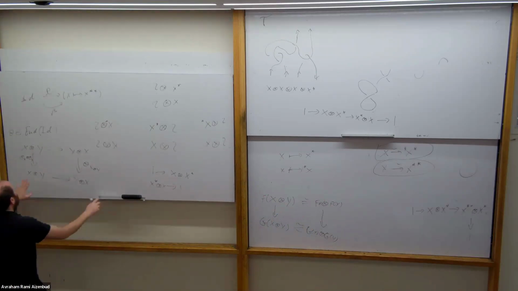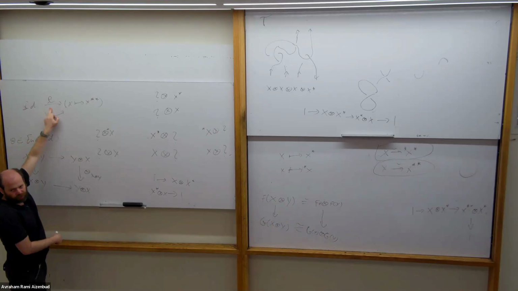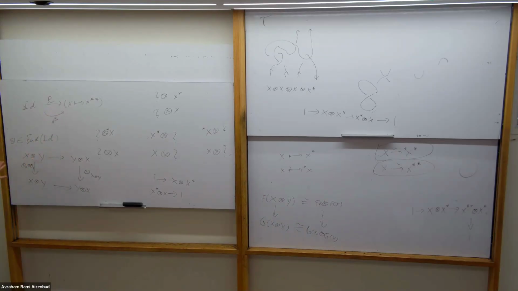But I want to make you familiar with the terminology, because I was very confused with terminology when I was Googling it. So now I want you to know the word. You have a pivotal structure, so this is an isomorphism. And if you have such structure and you have braiding, then you can consider the ratio.